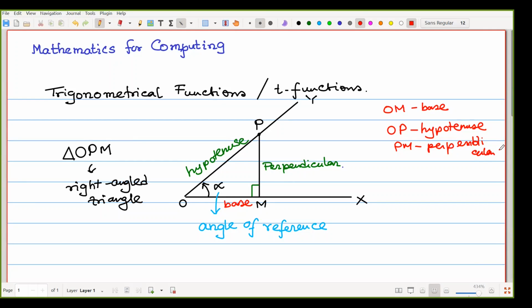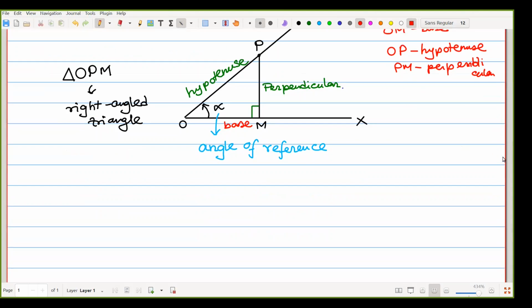Based on that hypotenuse, base, and the perpendicular, our trigonometrical functions or the T functions are defined. Now we may draw different type of angles in the different quadrant. Suppose the very first one, it may be like that.